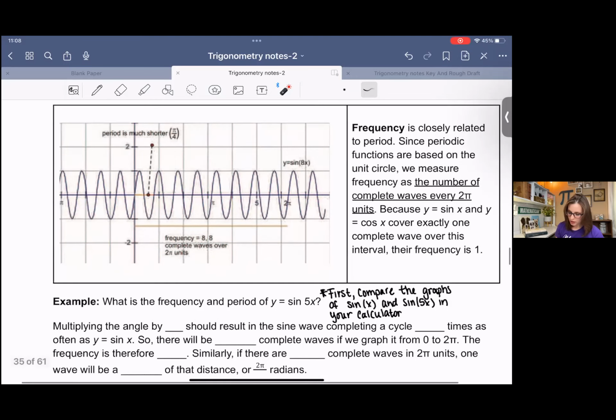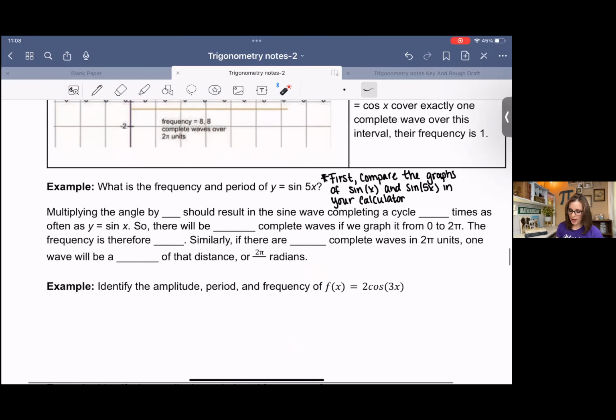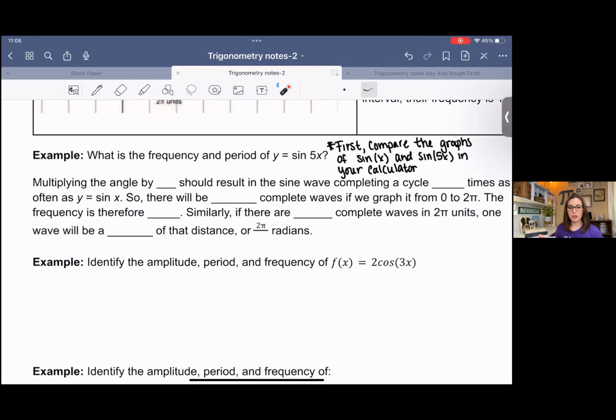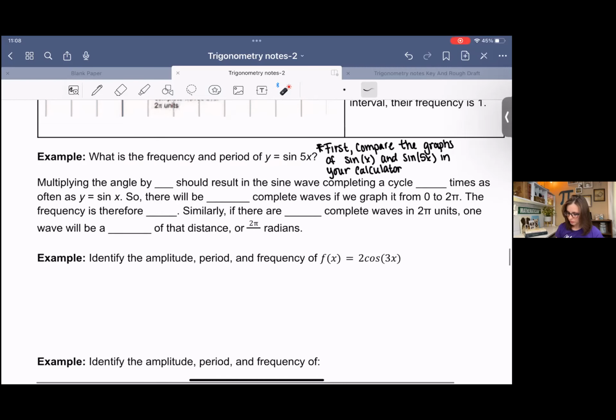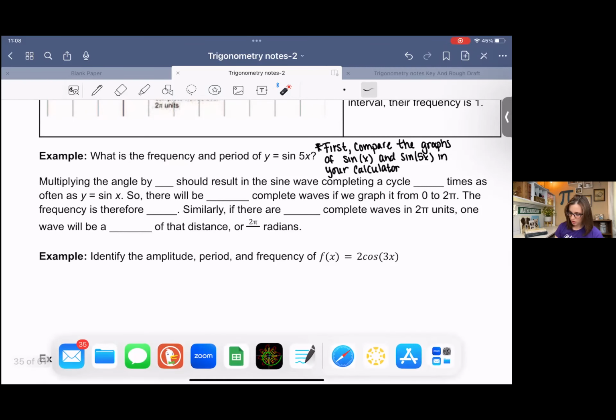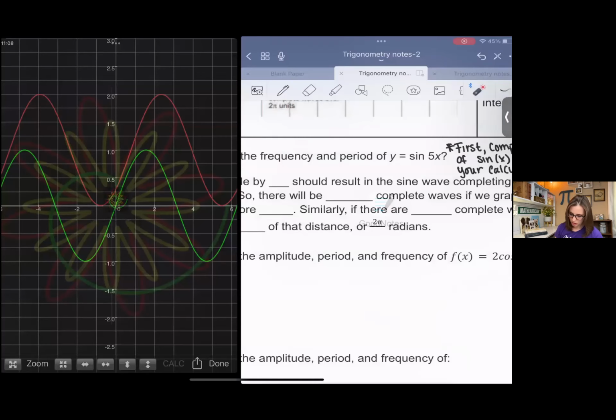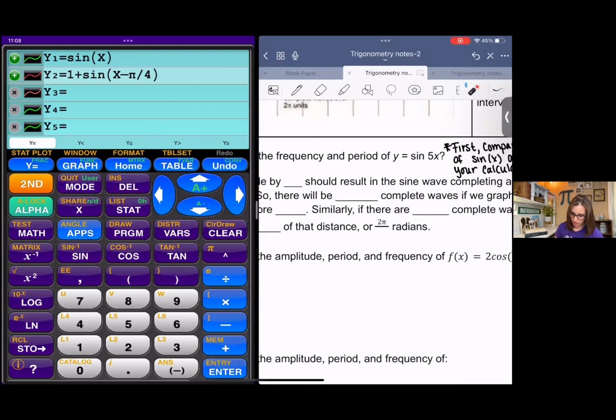We have an example. What is the frequency and period of y equals sine of 5x? If we look at the graph of just sine x, and then we type in also the graph of sine 5x, let's just compare those to see what's happening. Let me pull that up. Sine x and sine 5x. I'm going to graph it.